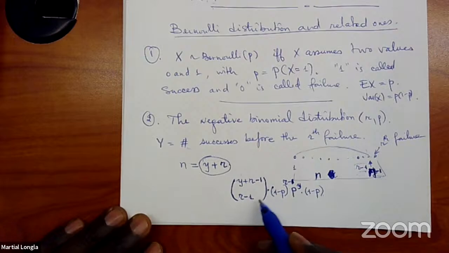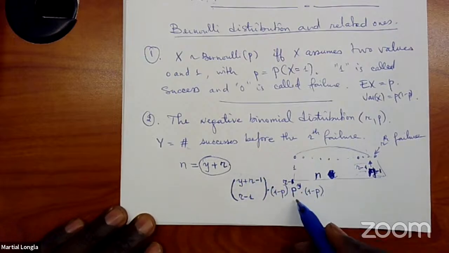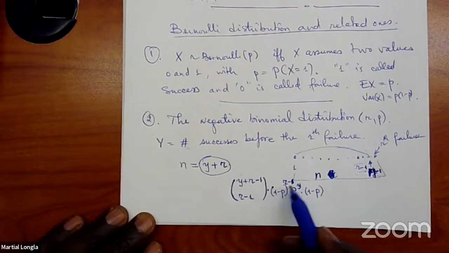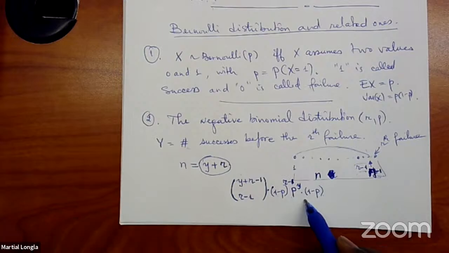You have R minus 1 failures and Y successes before the last failure. So R minus 1 failures, Y successes, and you still have one failure left, which is the one coming to close your experiment, because when you get that R failure, you stop.